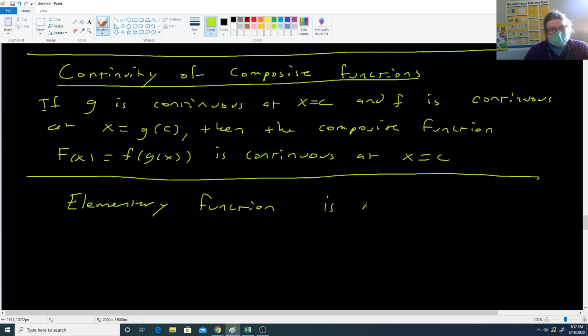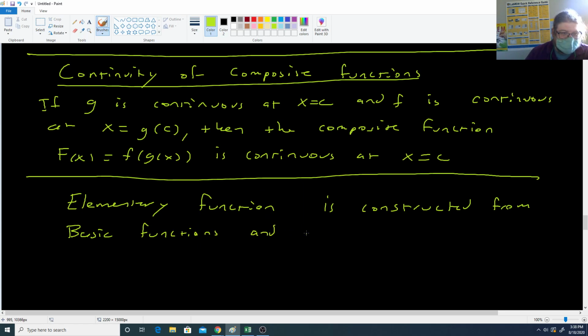So this is constructed from basic functions and combinations, or you could say operations, of addition, subtraction, multiplication, division, composition. And since the basic functions are continuous on their domains, an elementary function will be continuous on its domain.